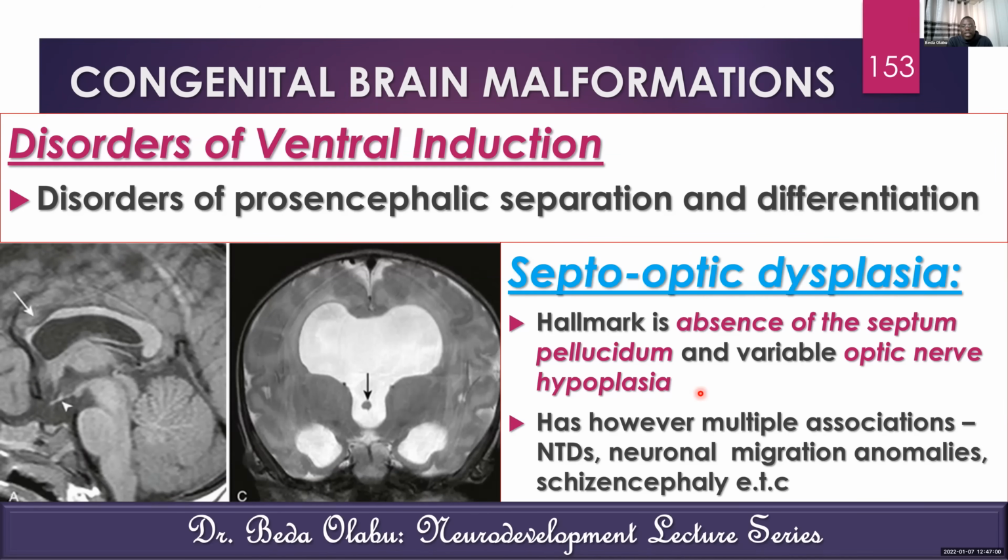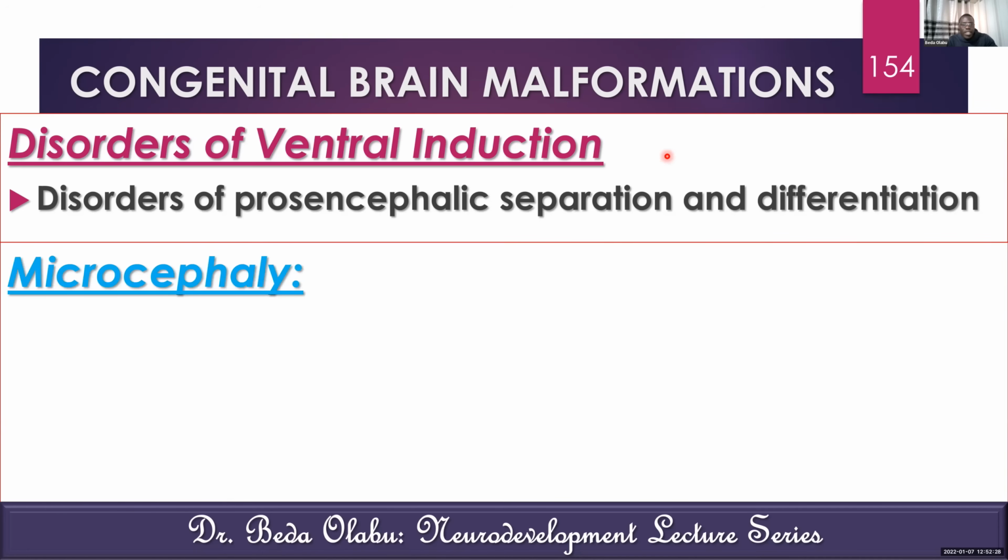Or the facial structures may appear abnormally fused because of the same thing that's occurring in the brain. The other disorder of ventral induction that I want to talk about is microcephaly.